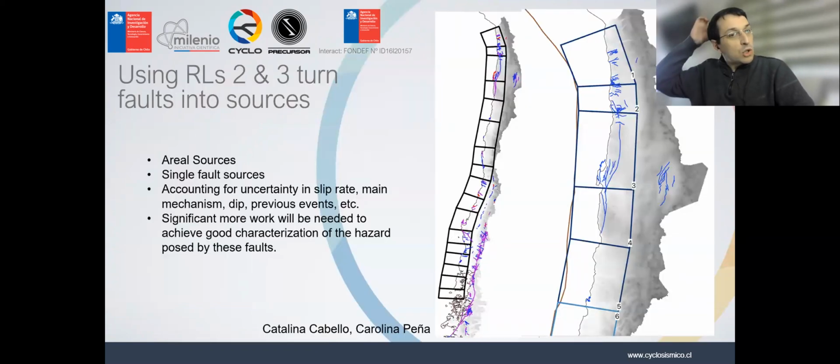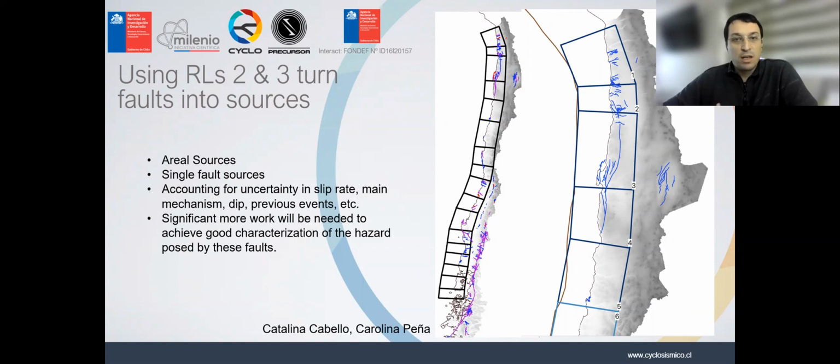Research lines 2 and 3 provide us with the segmentation of the Chilean margin, but also with a map of the active faults that are known in Chile. Catalina Cabello and Carolina Peña, guided by Alicia Rivas, are turning those faults into seismic sources.